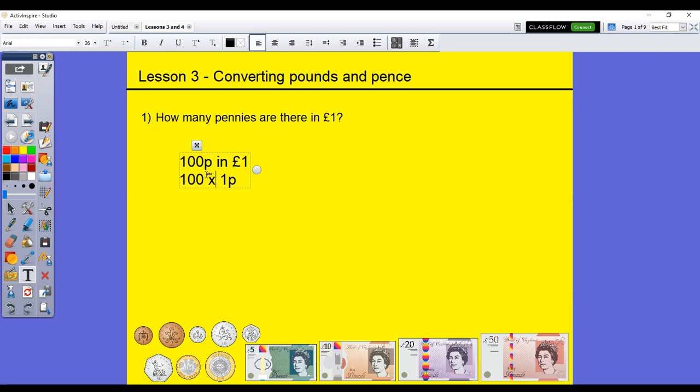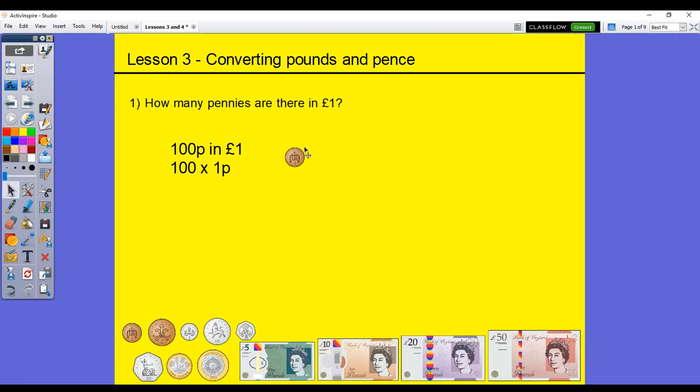One of these down here is a 1 penny piece. You'll have 100 of them and that will make £1. You just need to remember that because that's what's going to really help you with converting your pounds and pence.